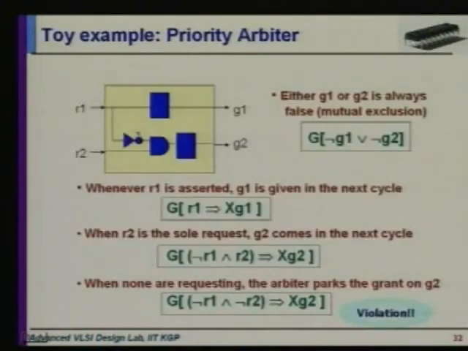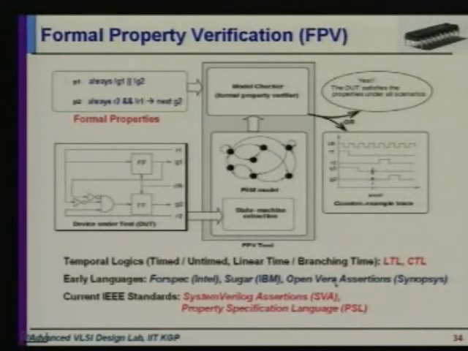So in the previous example, if the input not R1 and not R2 is not driven by the simulation engine, then this violation will not be detected by the simulation. But the formal engine is going to take care of all of that. It is going to mathematically prove that this device under test satisfies these properties under all possible inputs. So that is the difference between the formal and this.